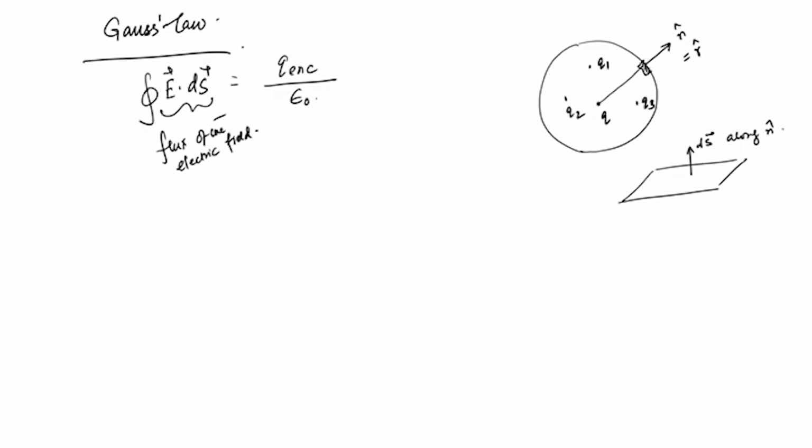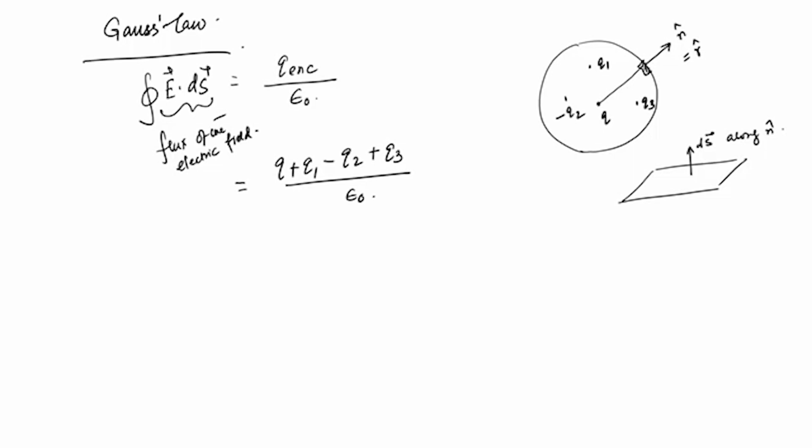So the law says that the flux of the electric field is equal to the total charge enclosed, which in this case is q plus q1 plus q2 plus q3 and so on, divided by epsilon 0. If one of them is negative, say minus q2, we will have a minus q2 here. So the flux of the electric field through this area is equal to the enclosed charge divided by epsilon 0. Okay.